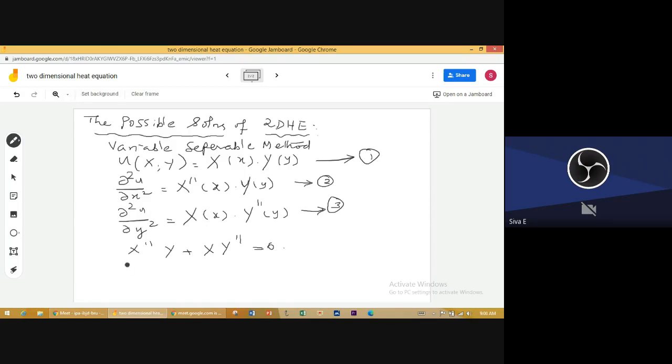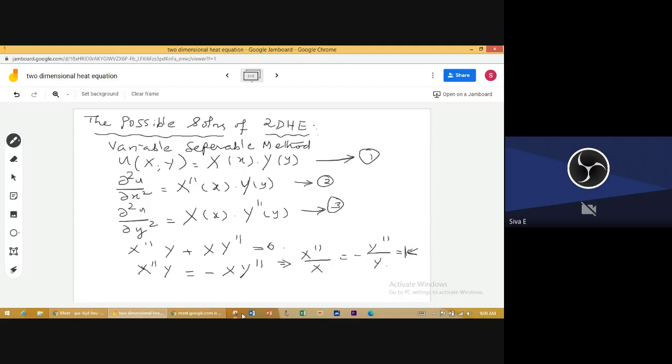Separating the variables, X double dash Y equal to minus X Y double dash. This implies X double dash by X equal to minus Y double dash by Y. Let us take that equal to some constant k.